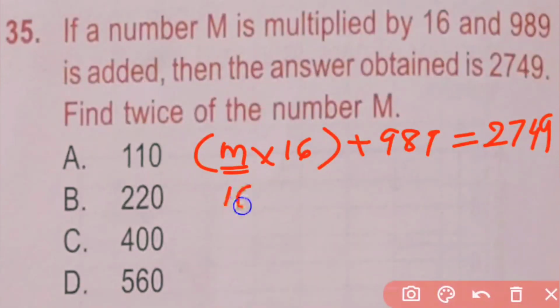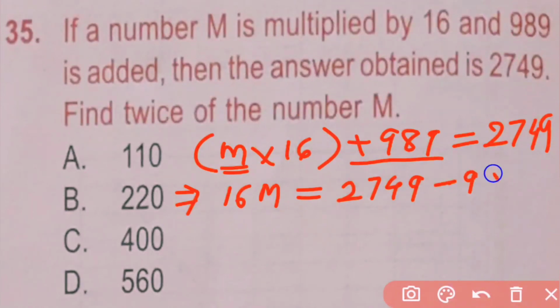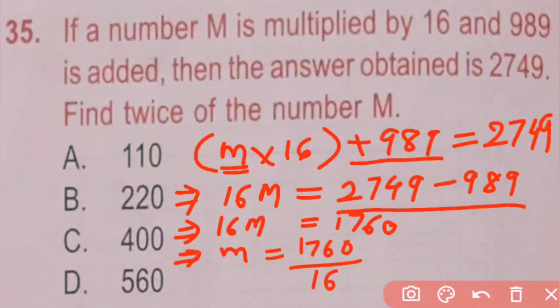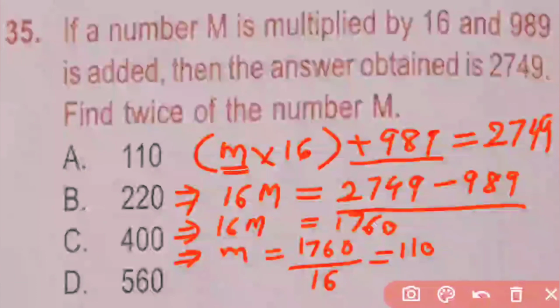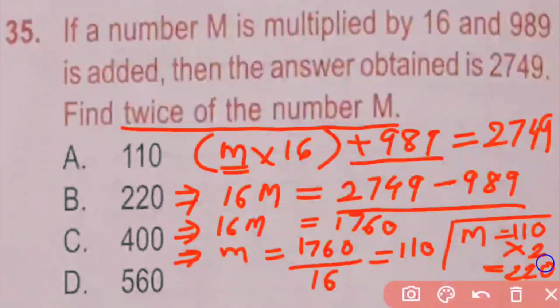So m into 16 is 16m is equal to, here 989 will become minus this side, so 16m is equal to, this will give 1760. So m is equal to 1760 divided by 16 is equal to 110, and we have to find out twice of number m. Here m is 110 and twice means into 2, so it is equal to 220. So here B is the correct answer.